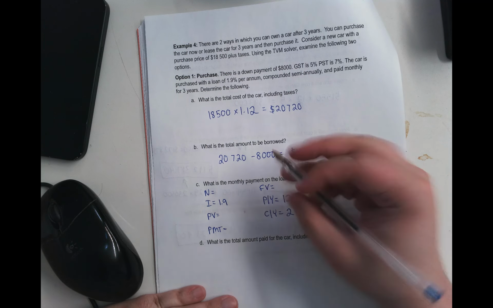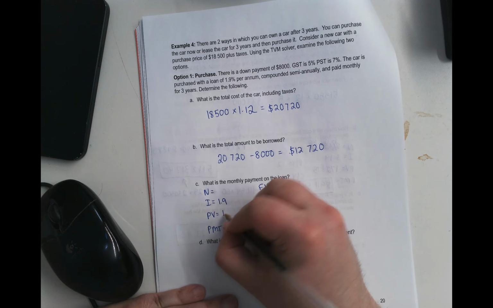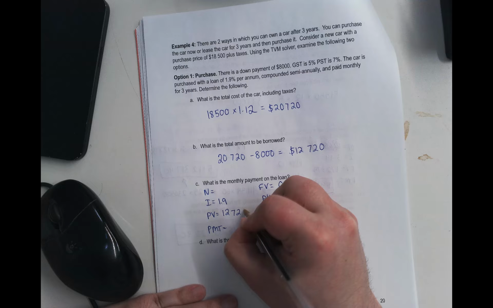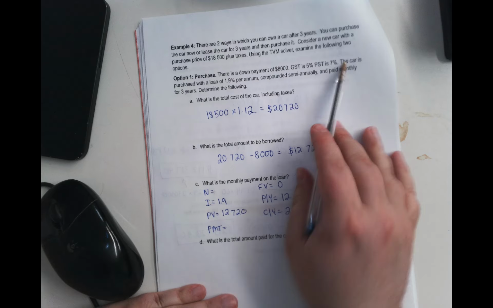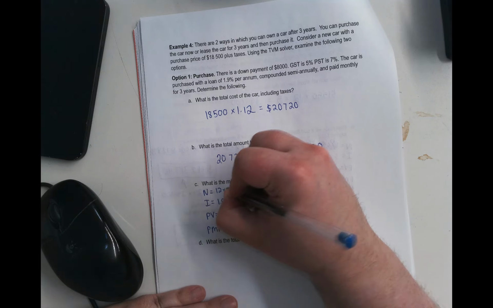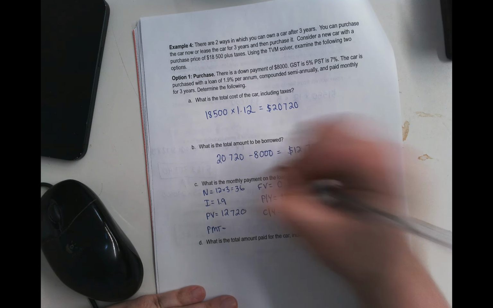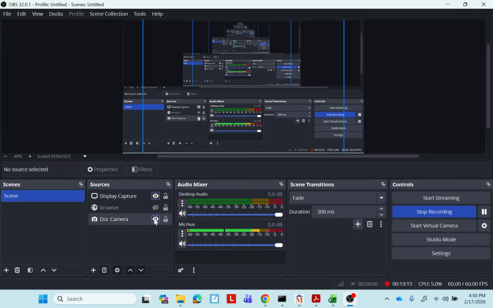Future value, I'm paying off the loan, so I want it to be 0. Present value, how much is my loan worth? It's worth $12,720. And my N number, well, I'm paying monthly, so 12 times 3 years. 12 times 3 is 36. So I'm going to put this into the financial calculator and see what we get.